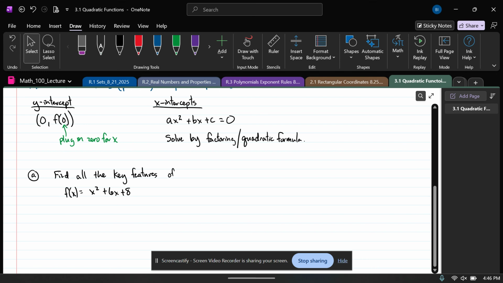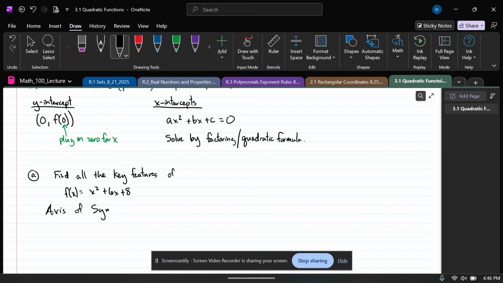So the first thing I'm going to find is the axis of symmetry. And the formula for axis of symmetry is x equals negative b over 2a. Okay. So I'm going to take the opposite of b, which would be negative 6, divided by 2 times a.